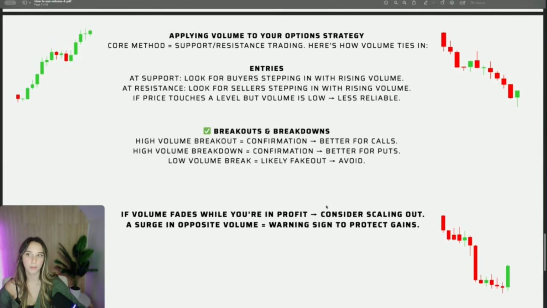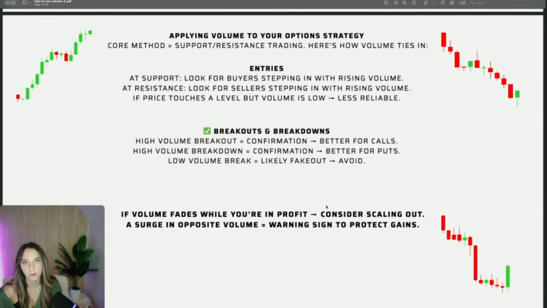So how do you apply volume to options trading? I tie my volume into support and resistance trading with supply and demand zones, as you guys already know, with my 3 different entry models. If you watch my YouTube videos, you already know what those are. But how it looks is, let's say, for example, I'm looking for a bounce at a key support level, and there's also a demand zone there.